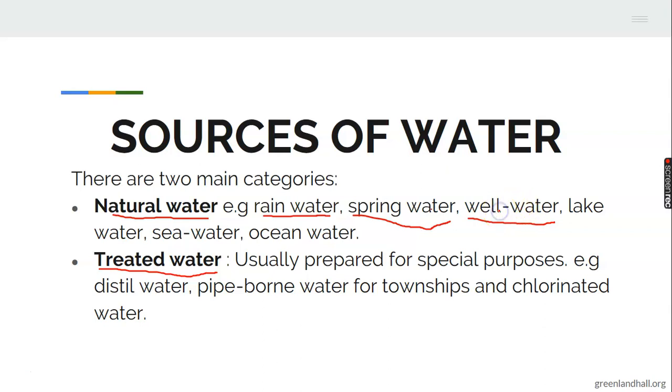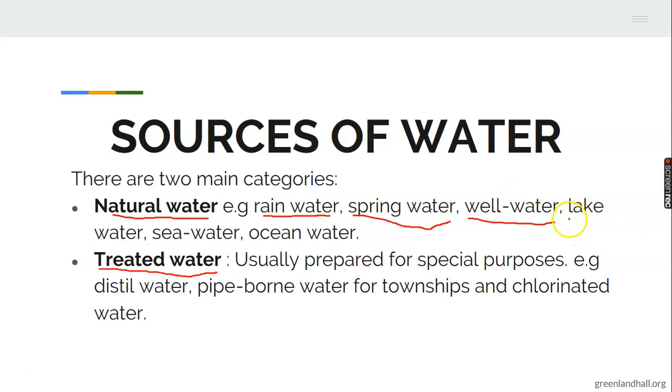But this is a good source of water, and if you want to use it as a source of water, you have to go by two conditions. The first is that you have to site it away from underground sources of pollution such as a pit latrine, and the second is that you have to line the inside and have it covered.